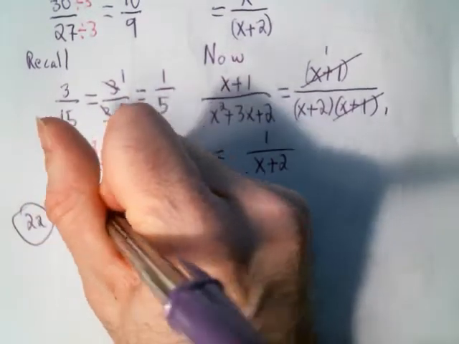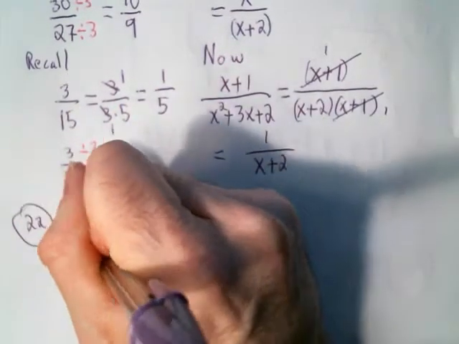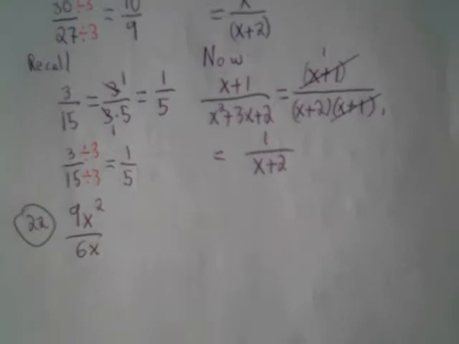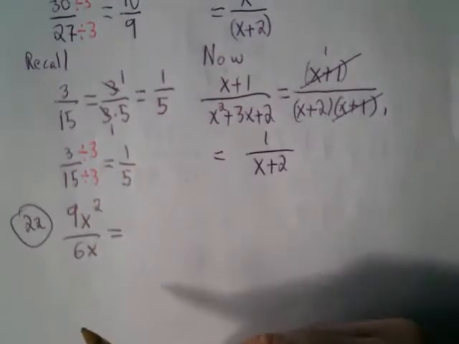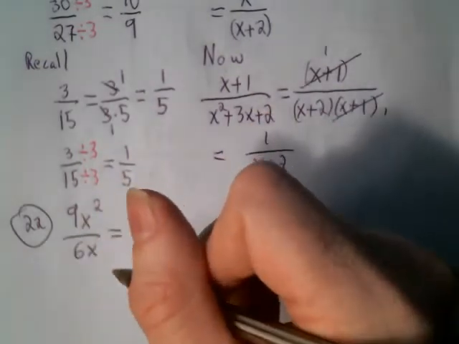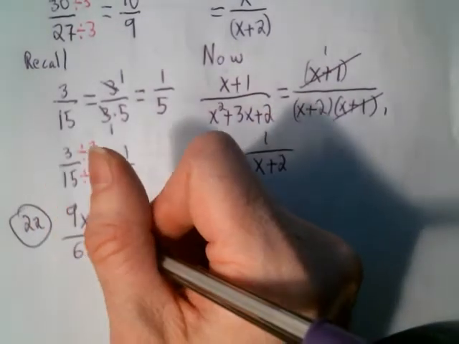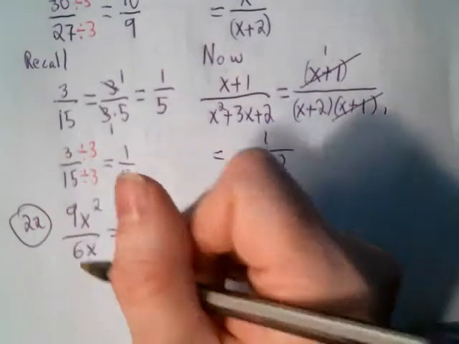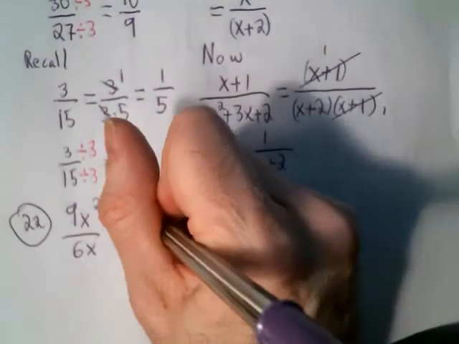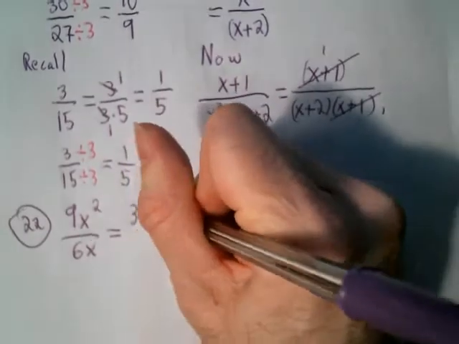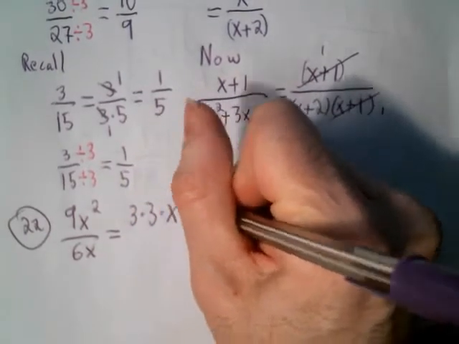So 9x squared all over 6x. Okay. So completely factor it. Maybe this one's a bit easier. It's too easy, really. I can reduce the 9/6 by dividing top and bottom by 3. If you do the factorization method, though, what would that look like? It's 3 times 3. x squared is x times x.